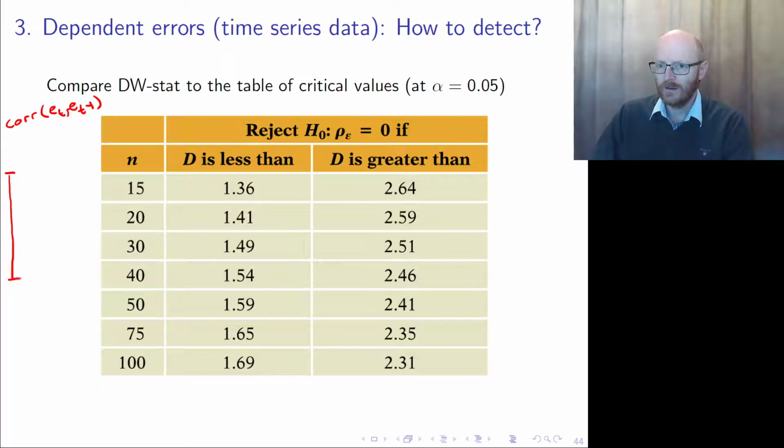Okay, from actually -1 to 1 and 0 here, then if we have this correlation range, then we have the Durbin-Watson range here.